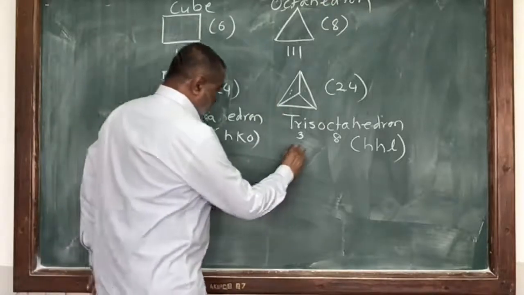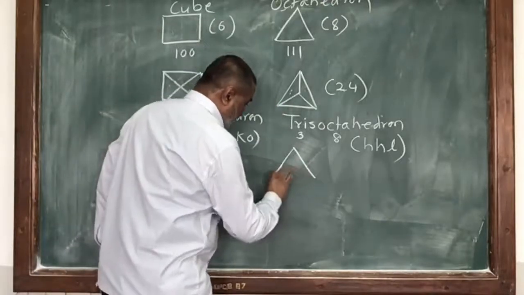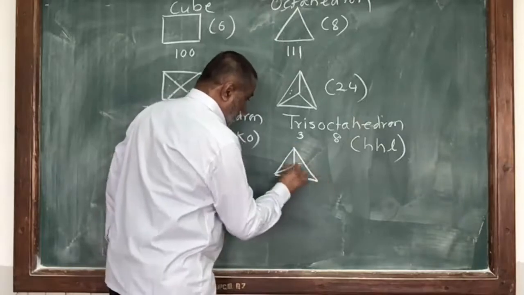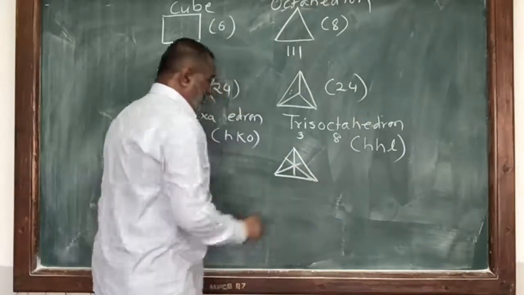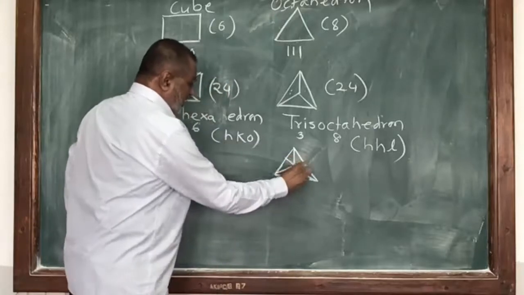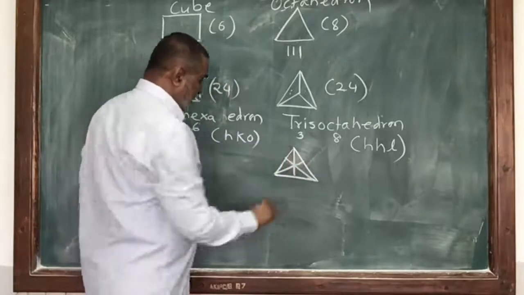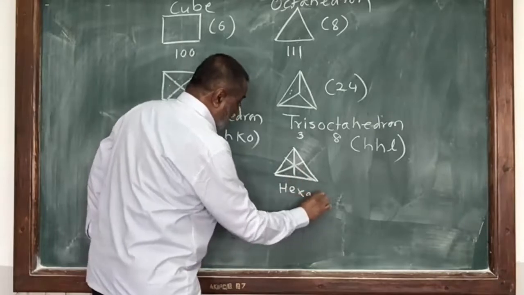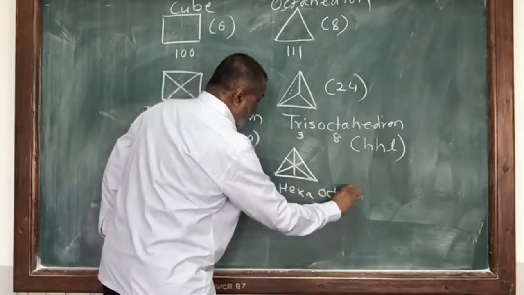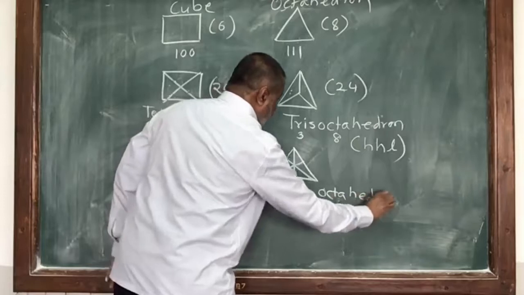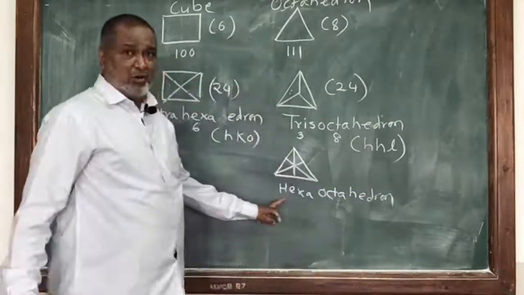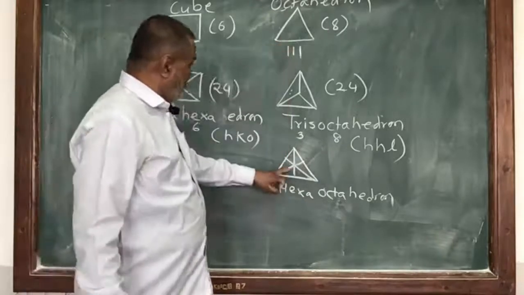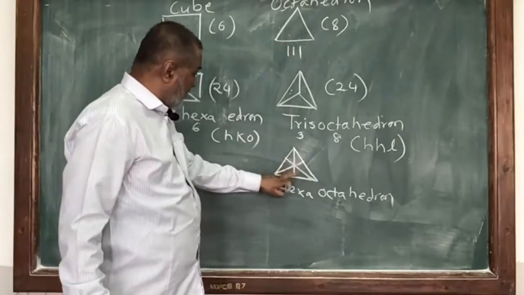Next one, instead of 3 now, how many faces? 6 smaller faces. So how many? Hexa. And how many are the bigger ones? Octa. Hexaoctahedron. This is the name of that particular next model. Each bigger octahedron face, instead of 3, now has 6.